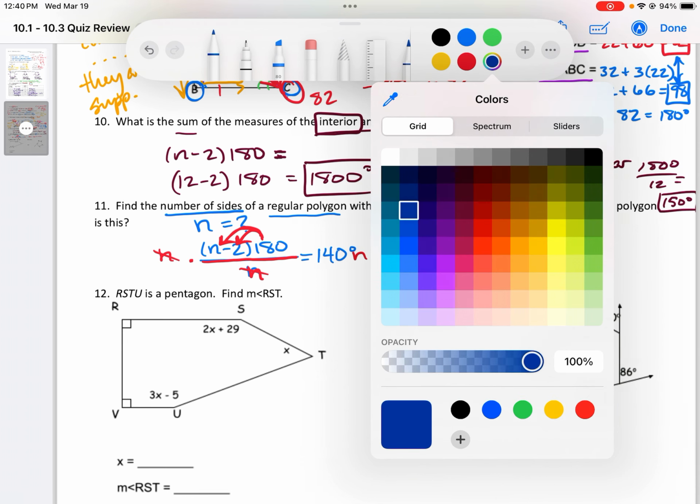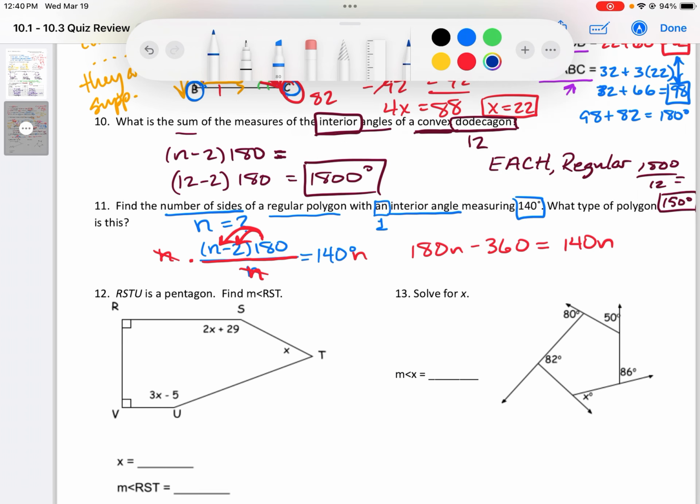Now, ultimately, I'm solving for n, so I've got to isolate it, which means I need to get all the n's on one side, all of the non-n's to the other side, and so I get this final step of 40n equaling 360, and I'll divide both sides by 40.